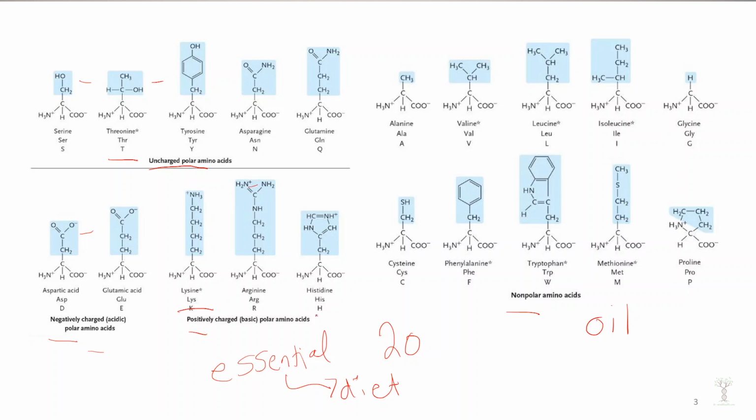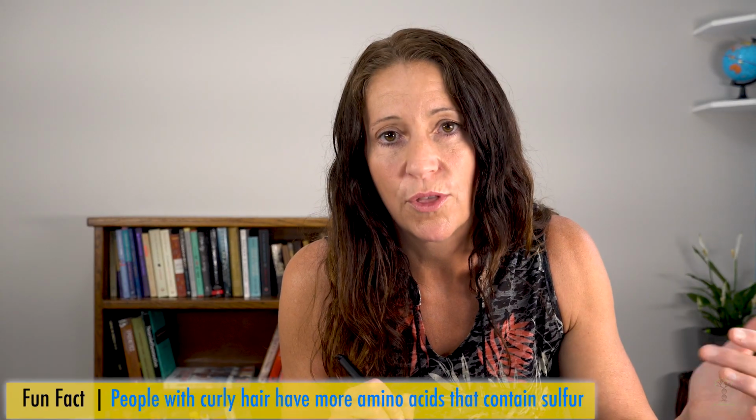So is lysine and histidine, valine, leucine, isoleucine, phenylalanine, tryptophan, and methionine. They're all essential, so we have to consume them. All of the other ones, like cysteine or alanine, for example, our cells can make them from one of the other amino acids.